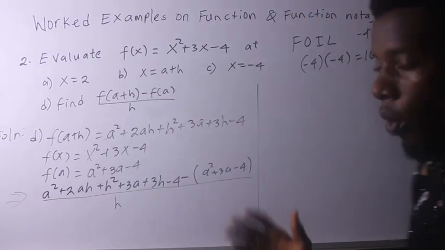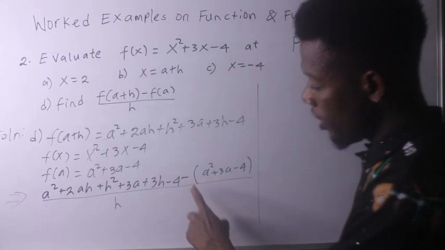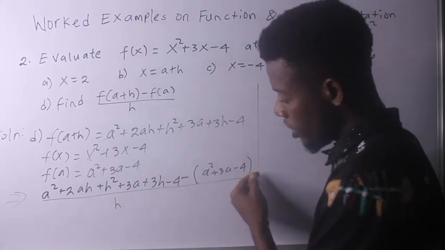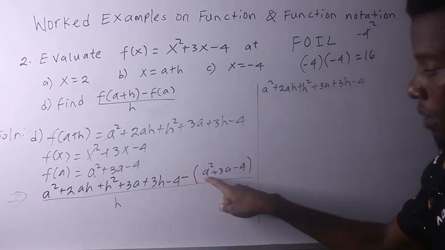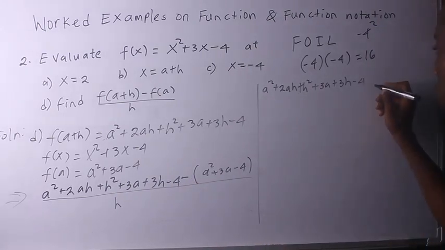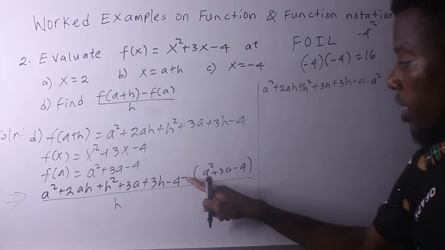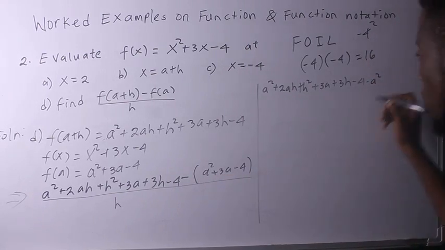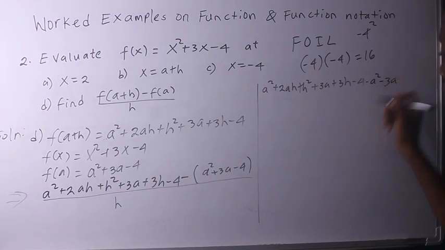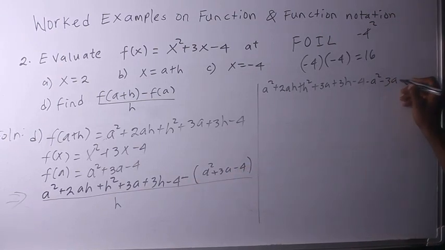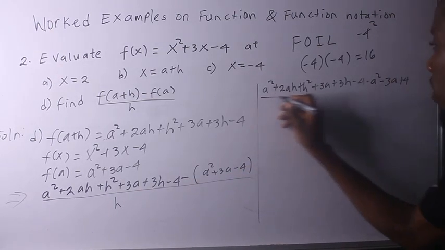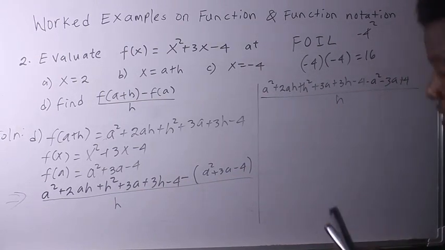So all we need to do right now is to multiply this negative by everything in here, and then we simplify. Negative times positive a squared is negative a squared. Negative times positive 3a is negative 3a. And then negative times negative 4 is positive 4. All divided by h.